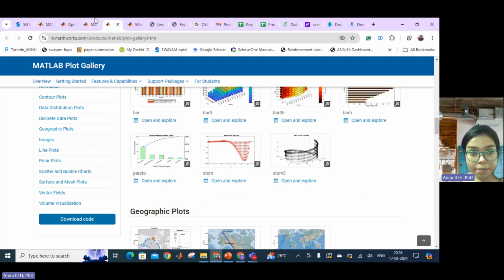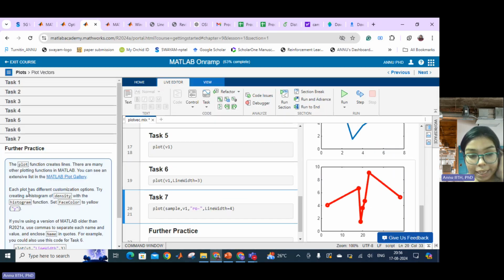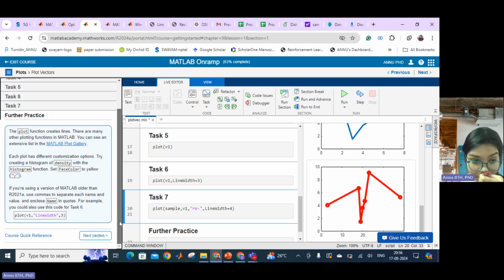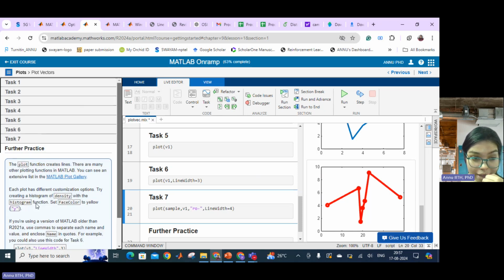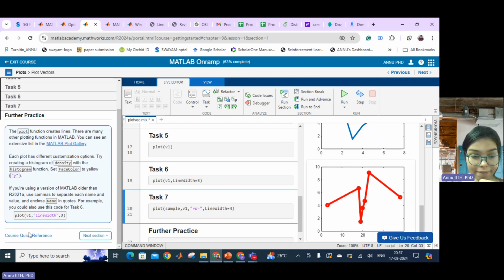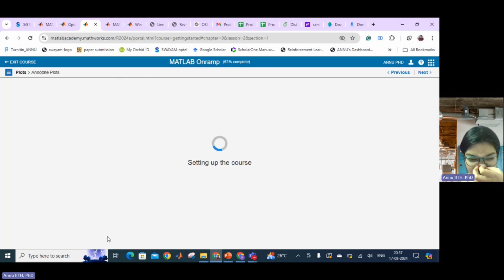Okay, each plot has different customization options. Creating a histogram of density with the histogram function, setting the face color to yellow, suppose like that. If you are using a different version other than this, use commas to separate the name and the value. Next section.